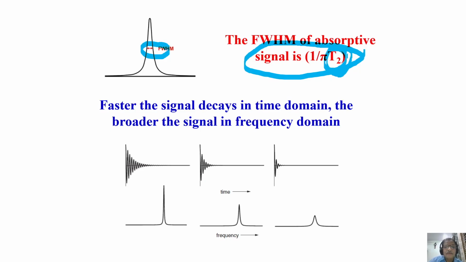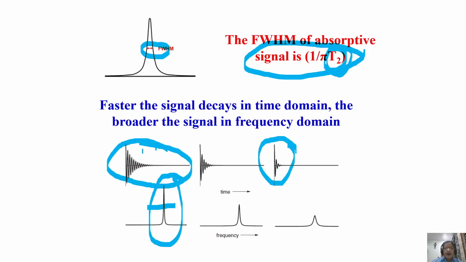What does it mean? I can approximately calculate the spin relaxation time. If I have a broader signal, what does it mean? It is decaying very fast. If I have a sharper signal like this, where the full width at half maxima is very small, that means the signal will be decaying for a long time.